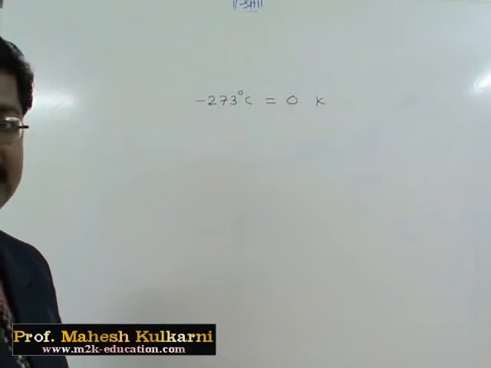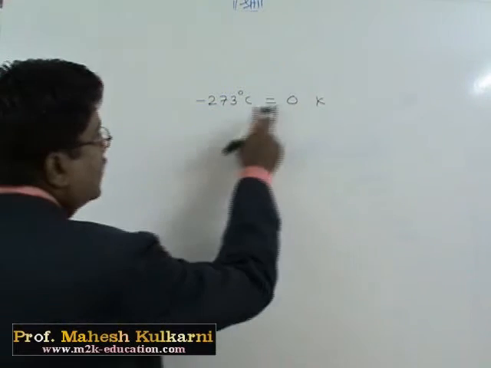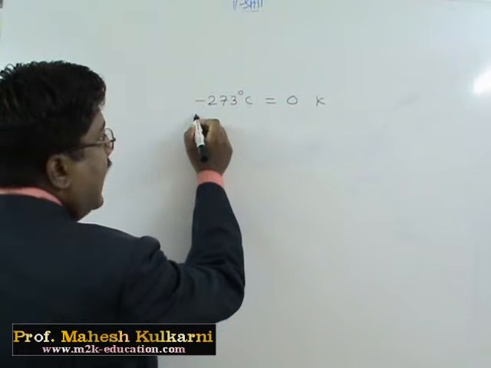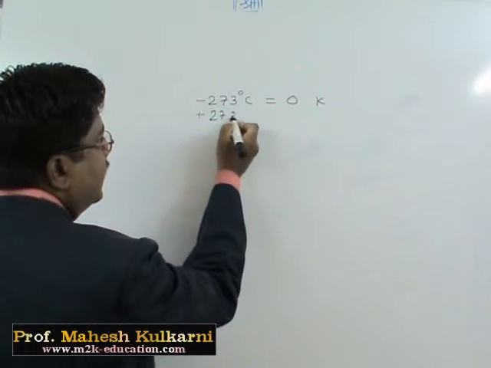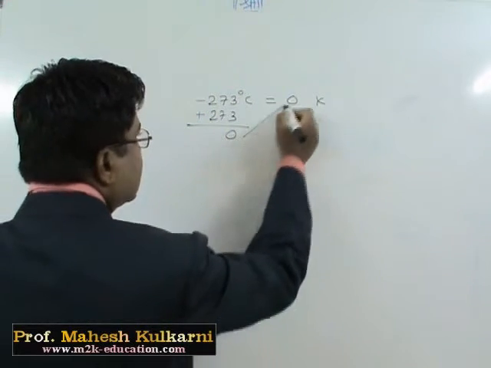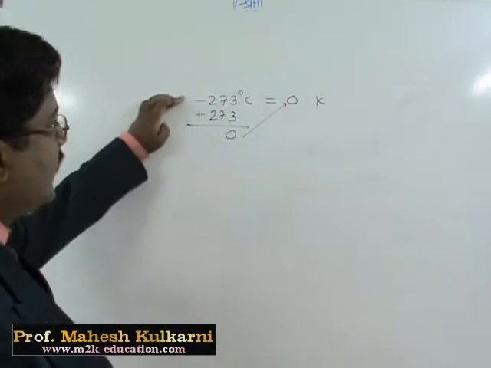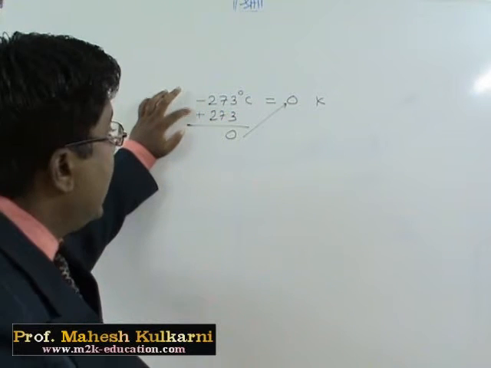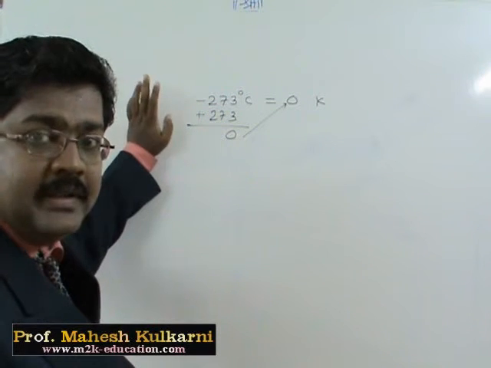So we can keep this equation in mind: from degree Celsius to Kelvin, I have to add 273, so I am getting 0. So one can convert degree Celsius into Kelvin just by adding 273.